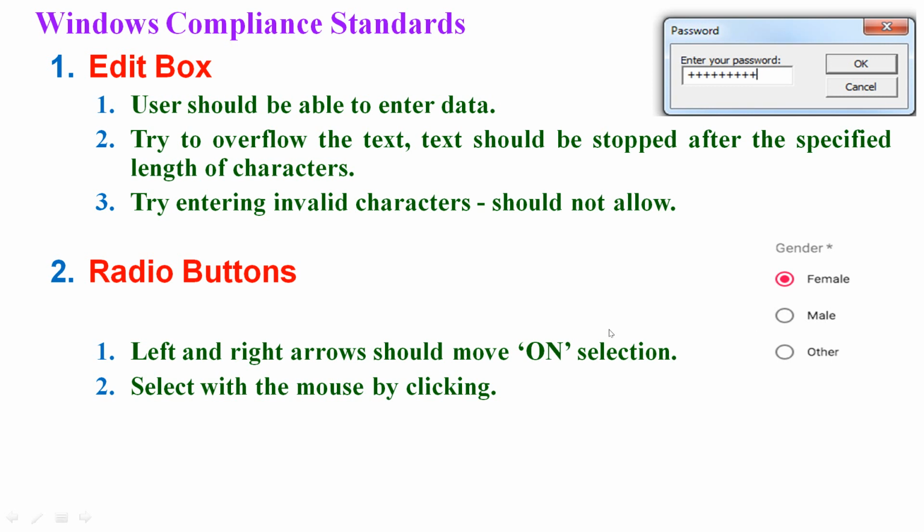Not only with the arrows, even by clicking using the mouse, that particular radio button should get selected or should move to the on position. So, with respect to radio buttons, the software test engineers are supposed to cover these 2 points.